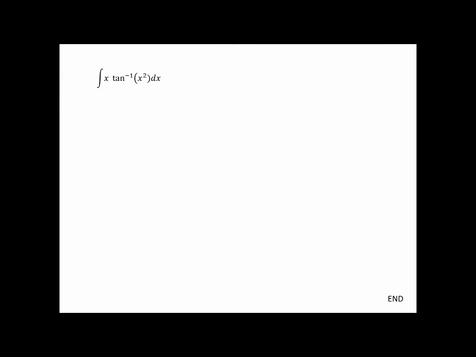So let's see this one. Okay, I see this arctangent. The formula I know is the derivative of the arctangent, right? So the derivative of arctangent x is 1 over 1 plus x squared. So u and dv. I want to do the derivative, so I put arctangent x squared here.